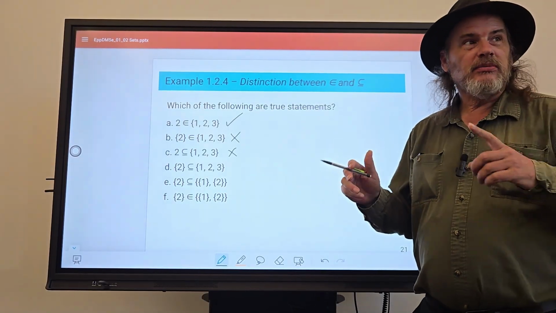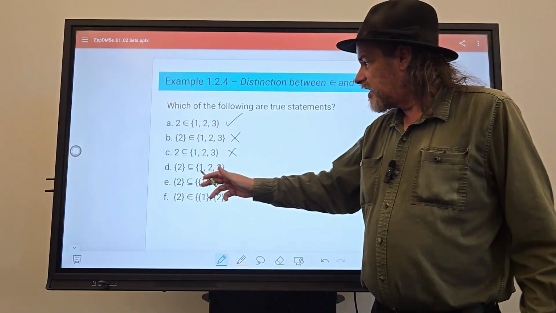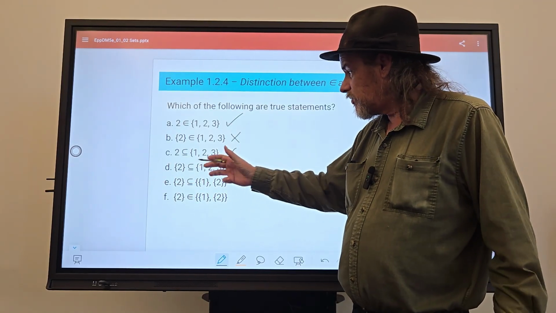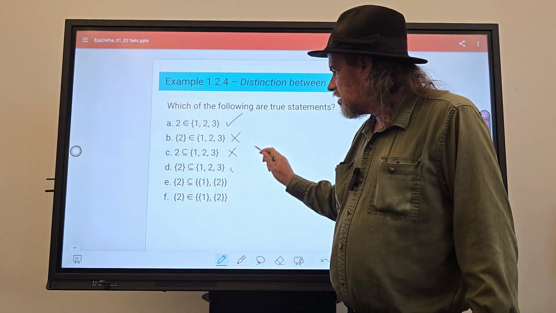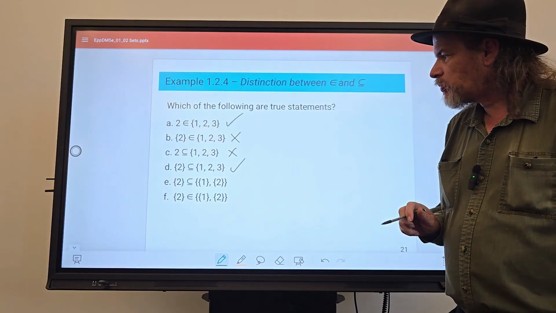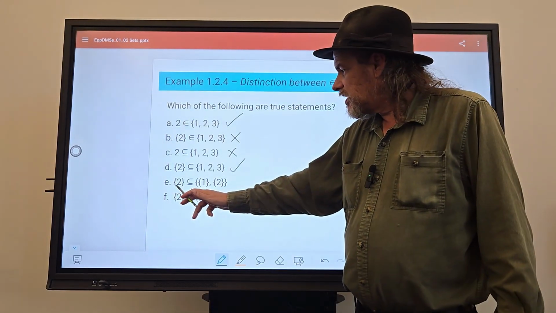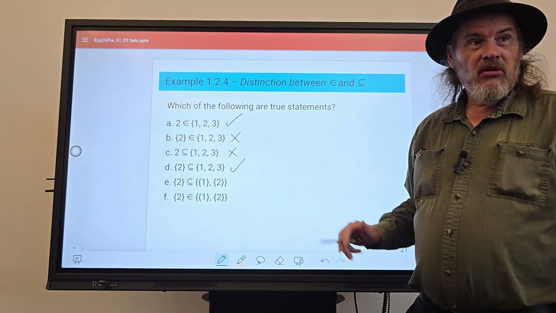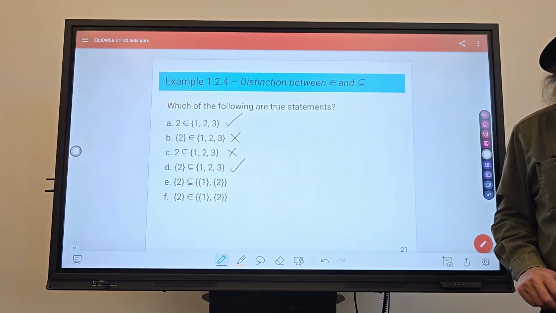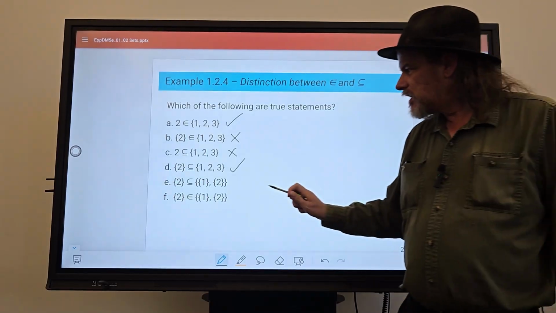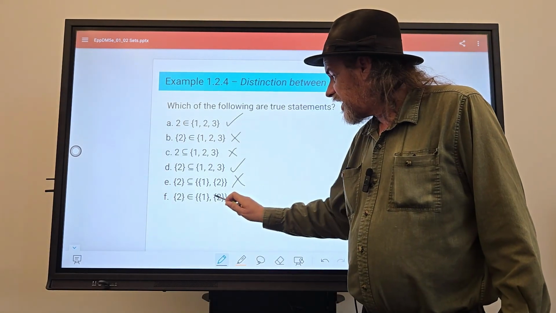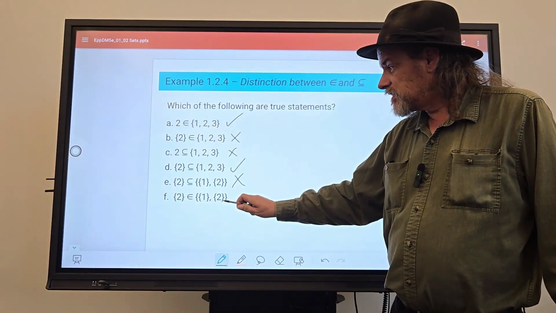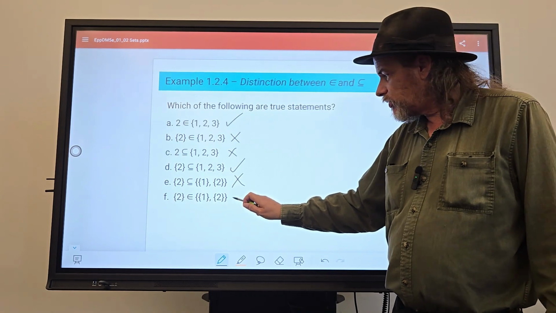Yes, because it is comparing 2 sets, and 2 is in this set. Is {2} a subset of this? No. It is an element of that set. So this one would be correct.